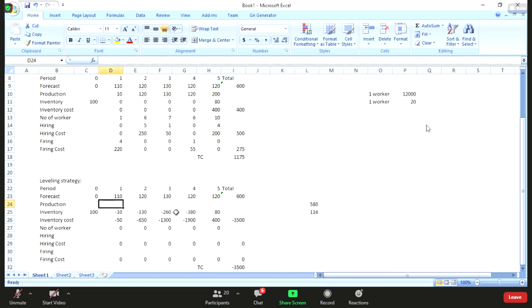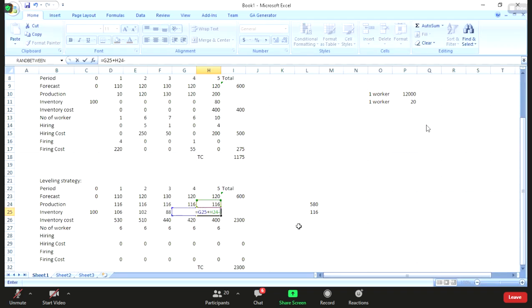So we enter here 116, 116, 116, 116, and 116. And check from here: the previous inventory, plus the production, minus the requirements, equals 80. Correct, it's the same as the expected inventory by the company.